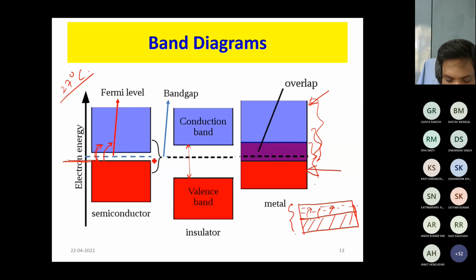Yes, this is the explanation. There are no allowable energy states in the forbidden band gap, right? Now here the Fermi energy is residing. This indicates that if there were any allowable energy state at the Fermi energy level, then the probability of occupancy of an electron would become half.